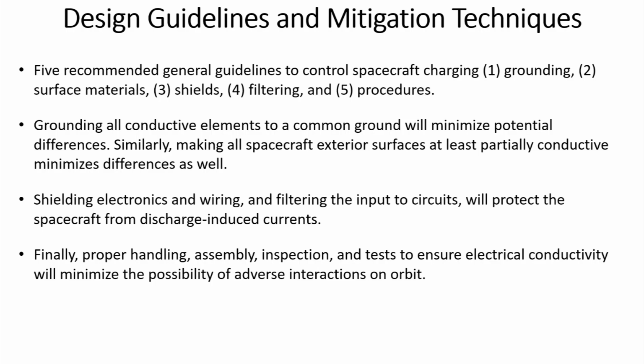Finally, it is proper handling. There are guidelines for handling, storage, assembly, and inspection. All these ensure proper electrical conductivity and minimize the possibility of adverse interaction with the plasma environment on orbit.